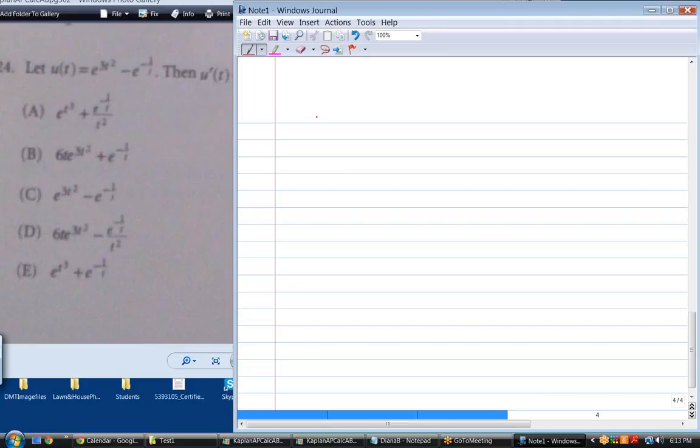So, what is the derivative of e to the 3t squared? Would it be 3 times... well, is there multiple chain rules in this? No? In other words, if you had to let u equal something, what would it be? Three t squared?